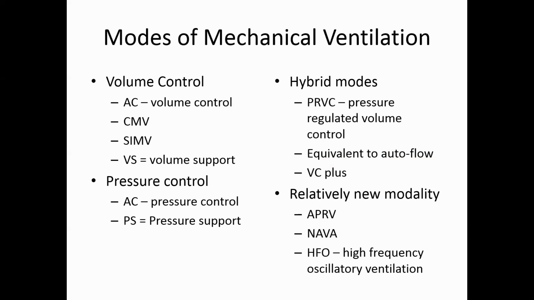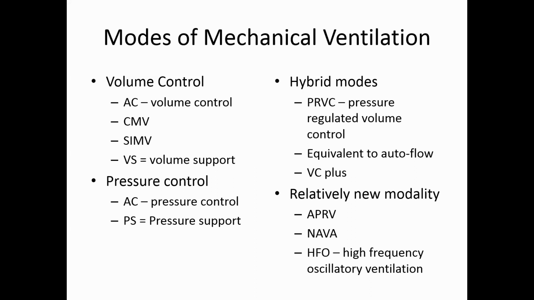Like PRVC, pressure regulated volume control, which means that on a breath by breath basis, the machine determines the compliance of the respiratory system, and according to that compliance, delivers the breath based on the least amount of pressure possible. If the respiratory compliance changes, the ventilator itself will regulate its pressure upwards in order to get whatever volume you decide to give.